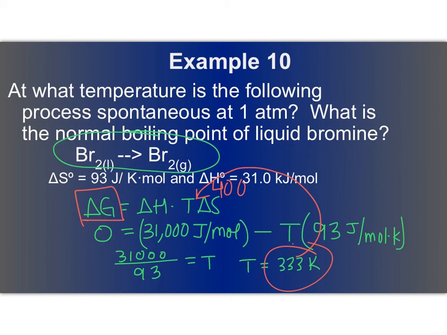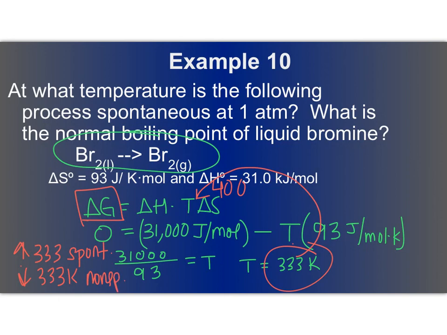So if you did plug 400 in here, we would realize that temperatures greater than 333 Kelvin are spontaneous, and temperatures less than 333 Kelvin would be non-spontaneous.